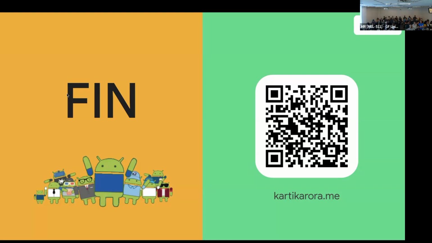Because each fragment was being tracked as a screen, and moving each of them to individual composable screens, they are treated as screens, and I can call track screen there. So from an analytics perspective, it's just the backing definition of what a screen is that has changed, but the analytics still remain the same.